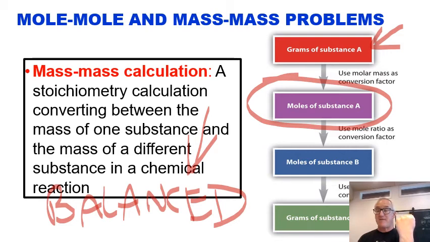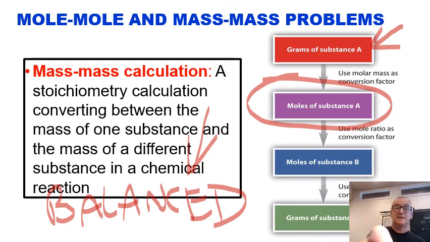If I have 5 moles of substance A, how many moles of substance B am I going to get? Well, if there's a 2-to-1 ratio of B to A, if there's twice as much B as there is A, that means I'm going to get 10 moles of substance B. Okay, I got 10 moles of substance B now. However, that wasn't the answer I'm looking for.